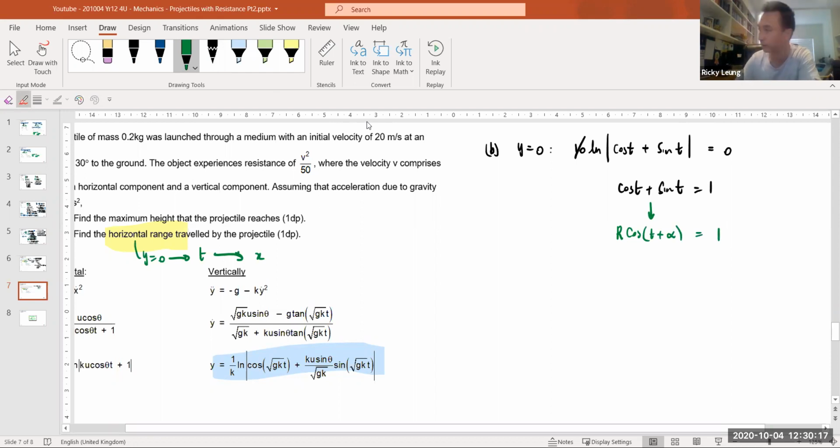Do your thing, where if you expanded that, you get r cos t cos alpha minus, that needs to be a minus there because it's cos, plus r sine t sine alpha equals to 1, therefore comparing this guy to the 1 and the 1 here, so I got r cos alpha equals to 1, r sine equals to 1, cos alpha equals to 1 on r.